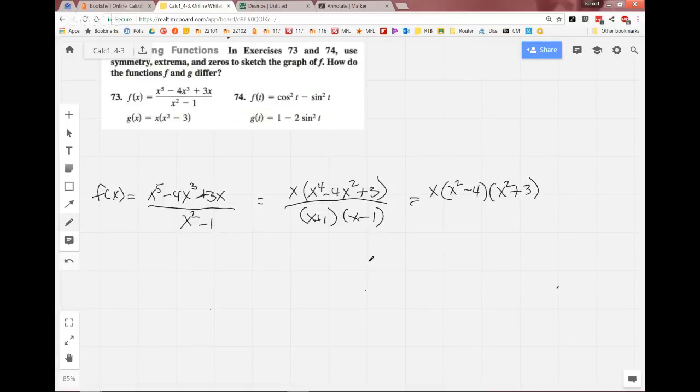When you multiply x squared times x squared, you get x to the 4th. And then x squared times 3 is 3x squared. And negative 4 times... no, that's not going to work either. Hang on, it's 4 and 1. A little rusty here.